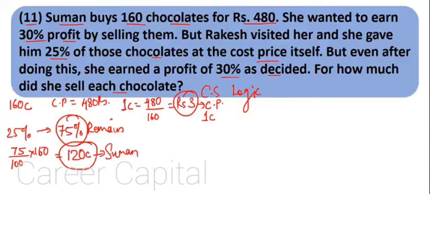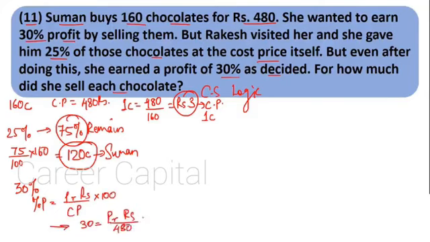Now she wanted 30% profit by selling 160 chocolates. We know percentage profit is profit in rupees upon the cost price multiplied by 100. So 30 is the percent profit, the profit in rupees we do not know. What is the cost price? 480 multiplied by 100. This gets cancelled. So profit in rupees is 48 into 3, which is 144.